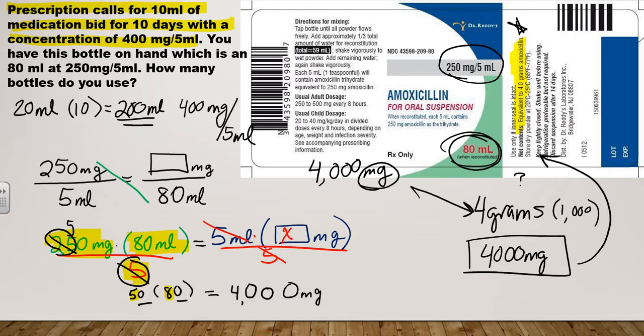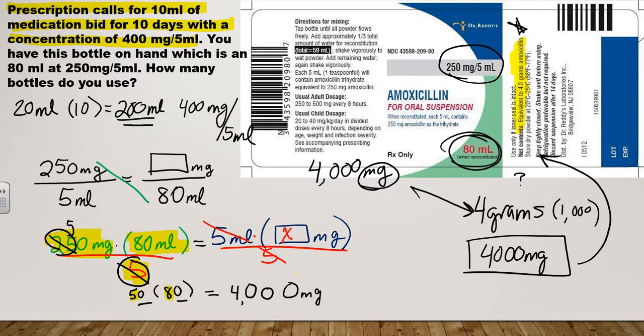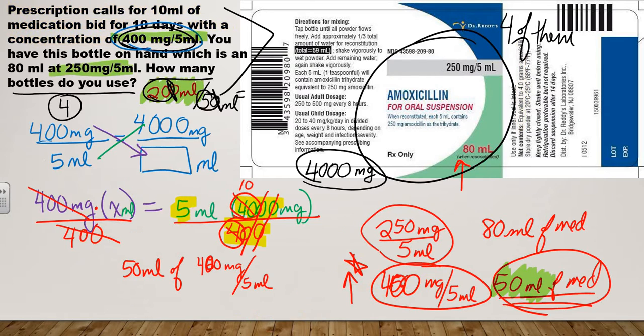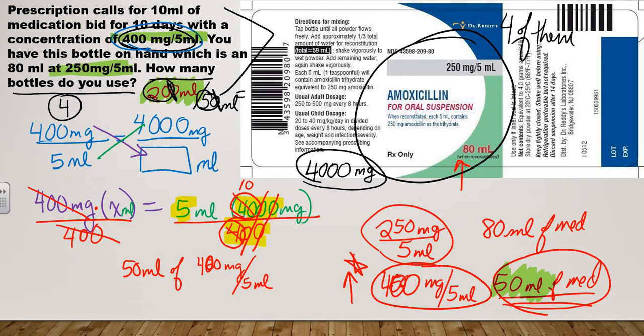So let me just go over the steps. Let me change colors here. The first thing we did, step 1, is we figured out how much stuff is in the bottle. Milligrams of medication. Next, number 2, we figured out how much liquid we could get out of that bottle with the change in the concentration.